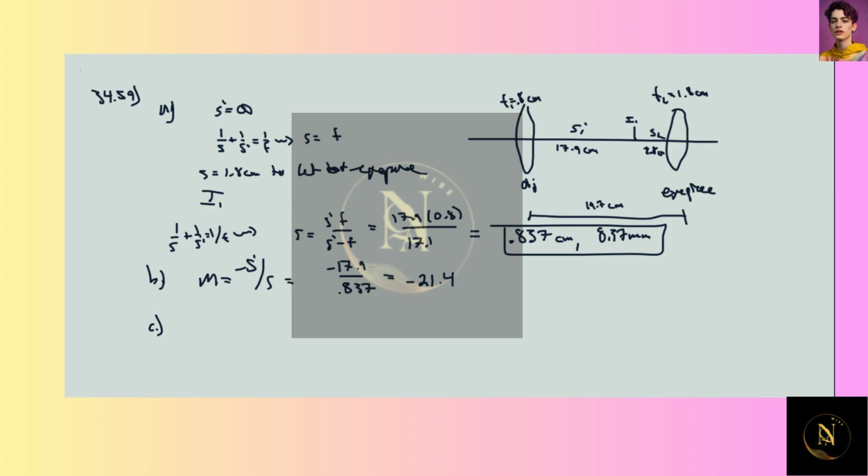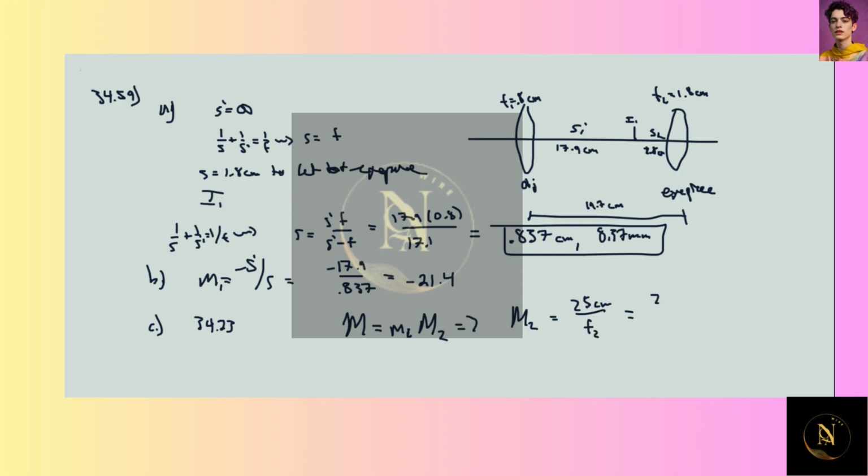So part C asks, what is the overall angular magnification of the microscope? From this, we can use equation 34.23, relating the total to the linear magnification of the objective, M1, times M2, where M2 is given as 25 centimeters over f2.